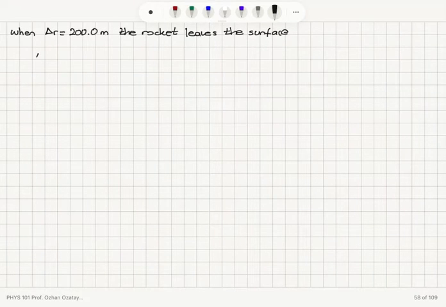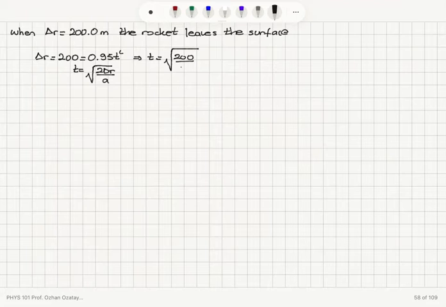So we set delta r equal to 200, which is 0.95 t squared. So we find that t is equal to the square root of 2 delta r over a, which gives us for t the square root of 200 over 0.95.